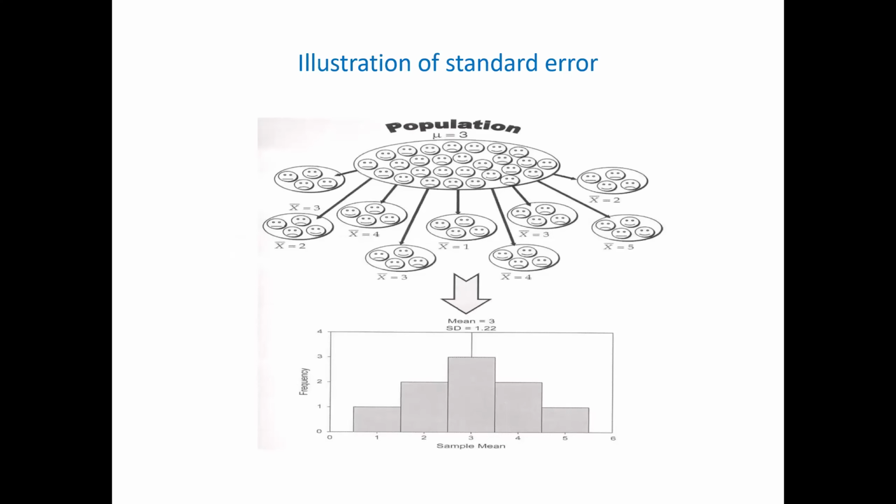Now, the issue of standard error is this. When you take samples many times, and all of them have different values, some may be the same, you say, okay, let's calculate the average. That average of all those statistics is believed to be equal to the parameter.